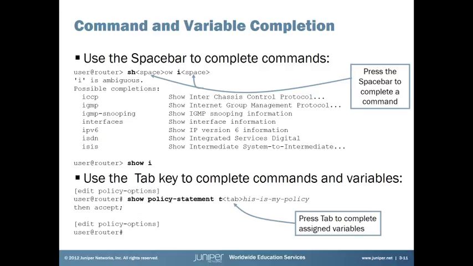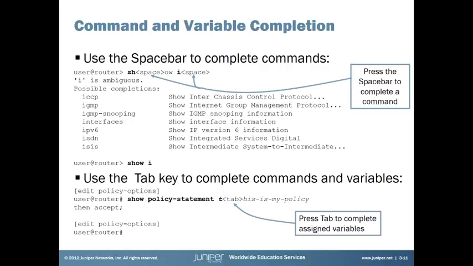As I said, the tab key also does the same thing. It will complete a command for you, but the tab key will also complete variables. What's a variable? Well, a variable is something that you create in the operating system. Let's just say I was creating a firewall filter for a particular purpose, and I called it the block-all-students firewall filter.